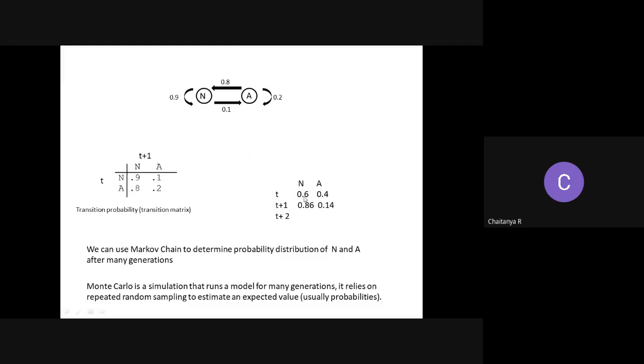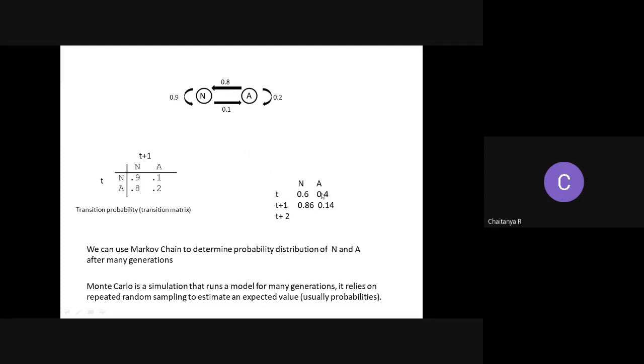So 0.6 multiplied by 0.9, which is the probability of the number of people staying back with Nandini, right? So that is 0.54 plus the number of people moving from Amul to Nandini, which is 0.4 multiplied by 0.8, which is 0.32, right? So 0.54 plus 0.32 is 0.86.